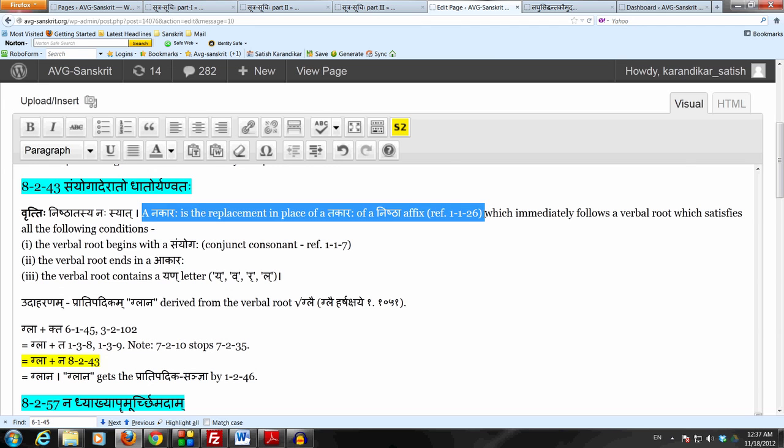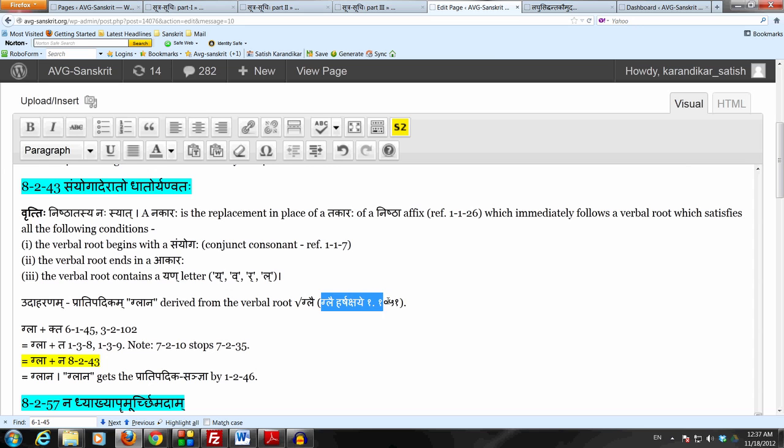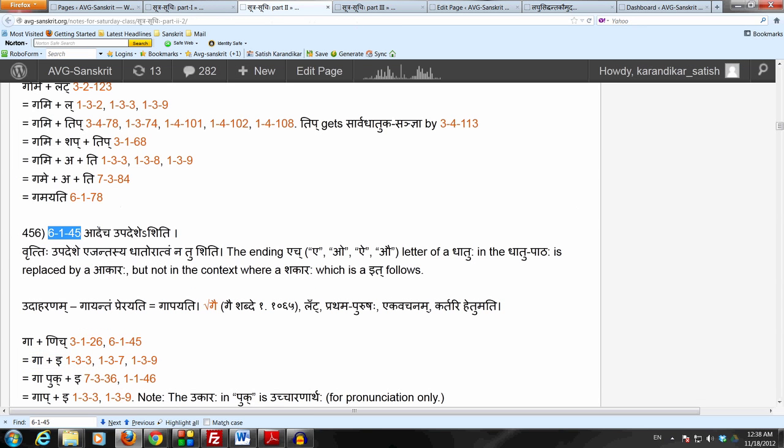Let's take a quick example here. Let's take the dhatu glai harshakshaye, and let's add the nishtha affix kta by the sutram 3 to 2 to 102, which is nishtha. Now here what happens is that this dhatu glai ends in a aikaraha, which is an E-diphthong letter. And we know the sutram 6 to 1 to 45, which says adecha upadeshe ashiti.